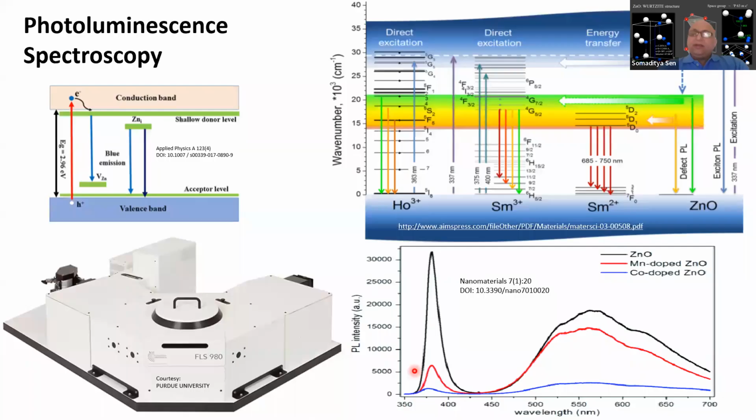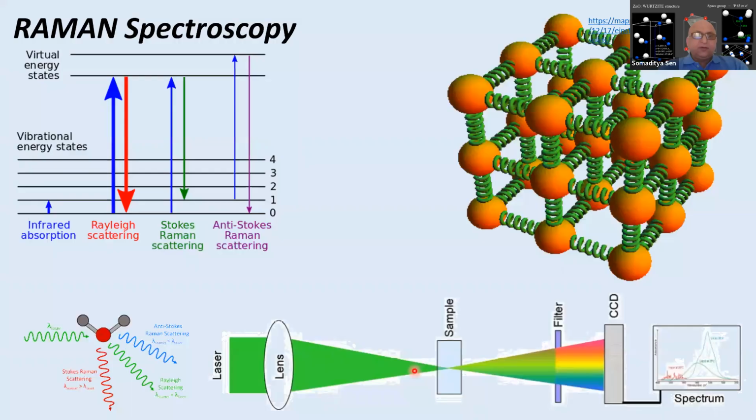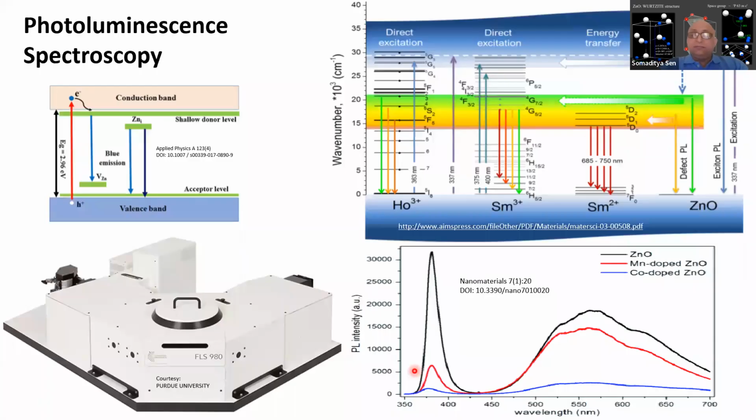Okay? But apart from that, there can be other sorts of changes in the lattice, which can generate different types of changes in the material, in the band tuning. Okay, there can be different defect levels, as I told you. Now, suppose you dope something like 1+, like lithium, in zinc oxide. Now you're thinking that lithium will go and replace zinc.